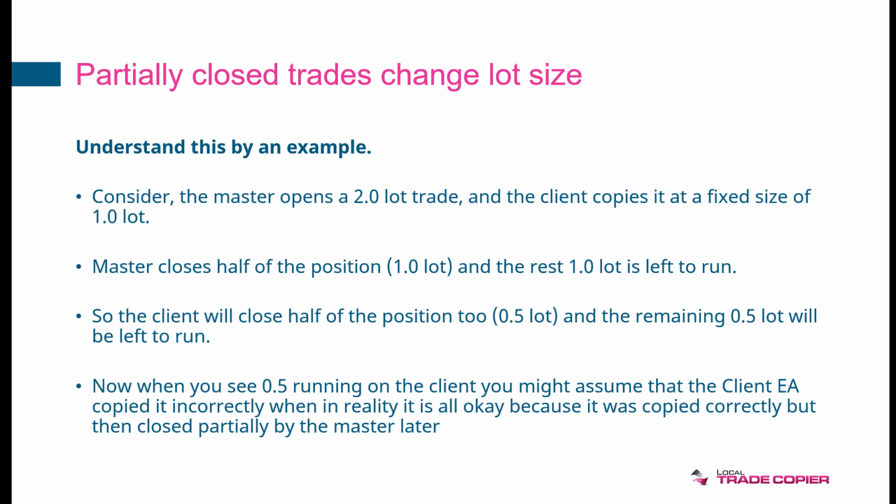Trade Copier's job is to copy and replicate all the actions that happen on the master account. So if it closes half of the trade to get some profits before closing the full trade, then obviously the client has to do the same.